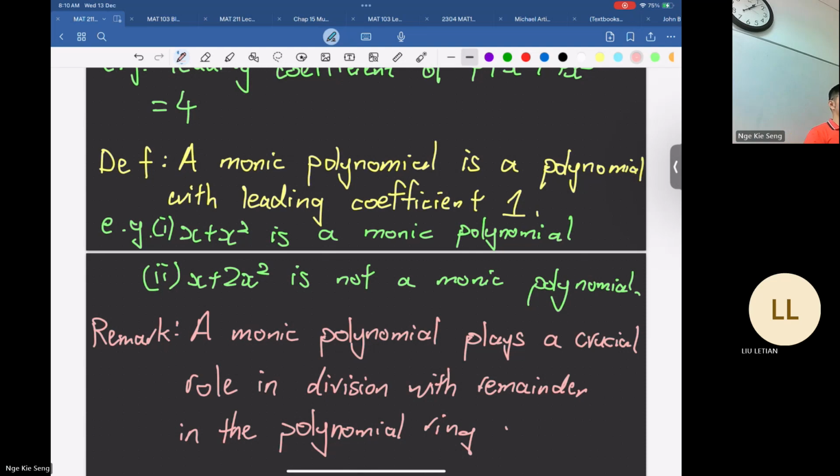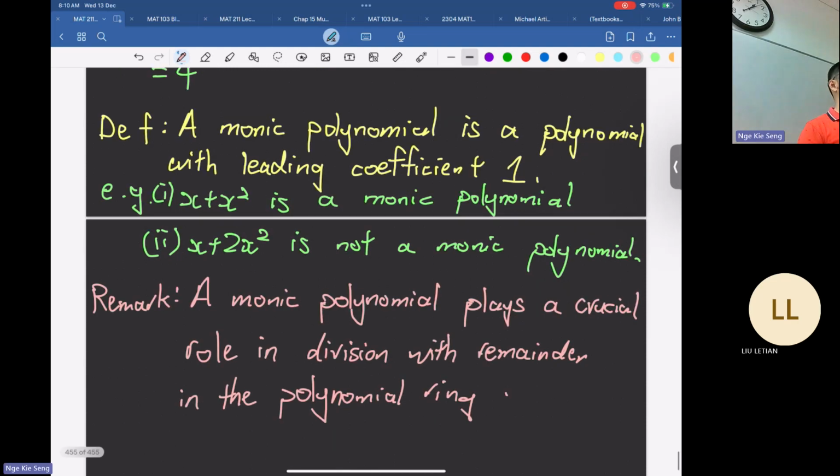Okay, make sense? You can only always divide by a monic polynomial. If it's not monic, then you cannot divide. But if you work in a polynomial ring with coefficients in a field, then you can, because every coefficient is multiplicatively invertible.